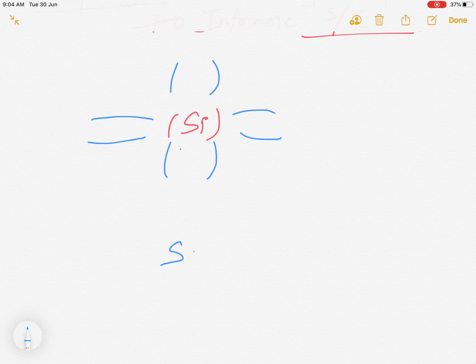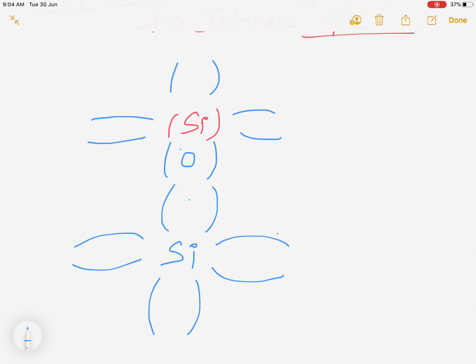Okay, another silicon atom. Electrons. Right?